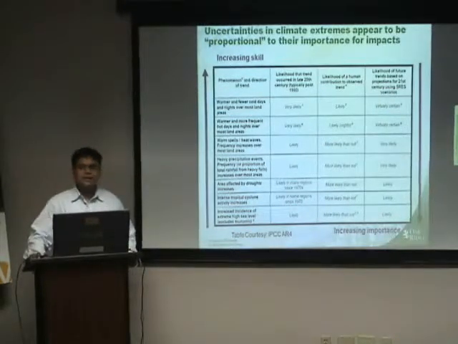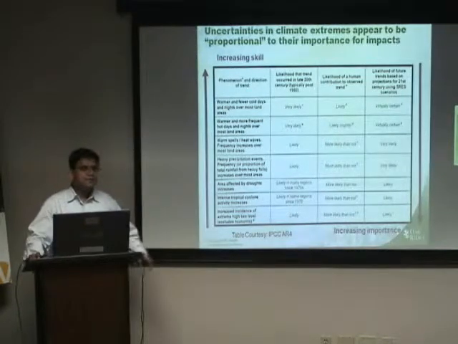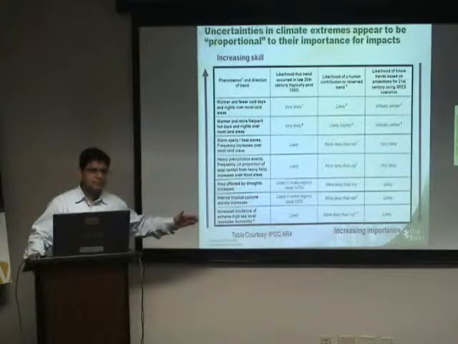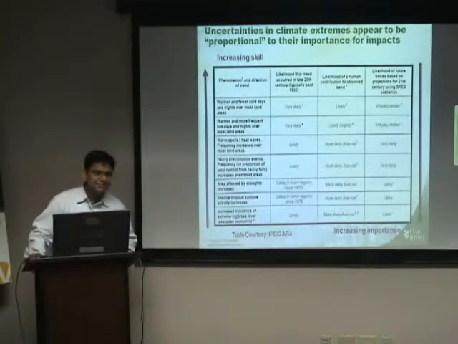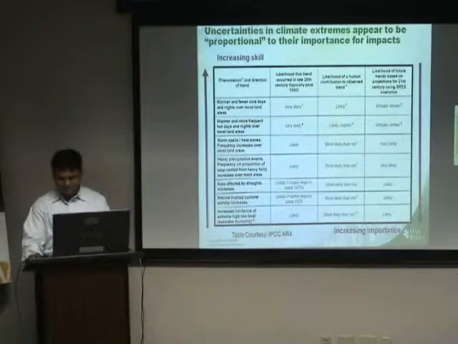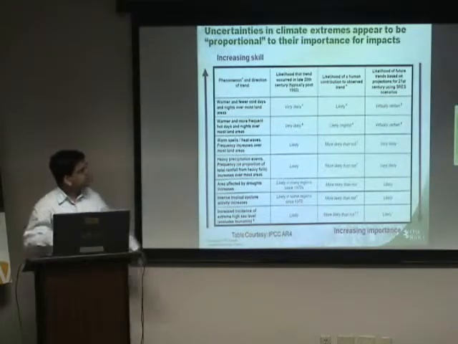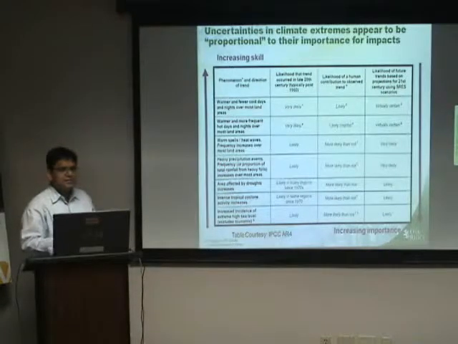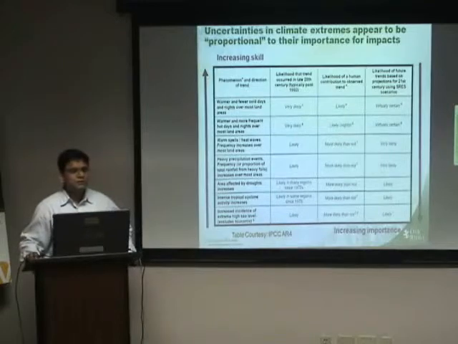They have specified how they obtained this. Whether that is quantitatively satisfying to all scientists and engineers is a matter of debate. But at least what this says to me is that this relative ordering is probably okay. We do understand heat waves better than we understand hurricanes, for example.